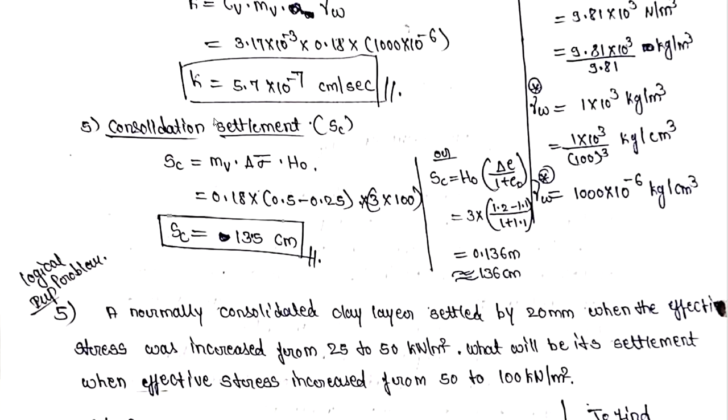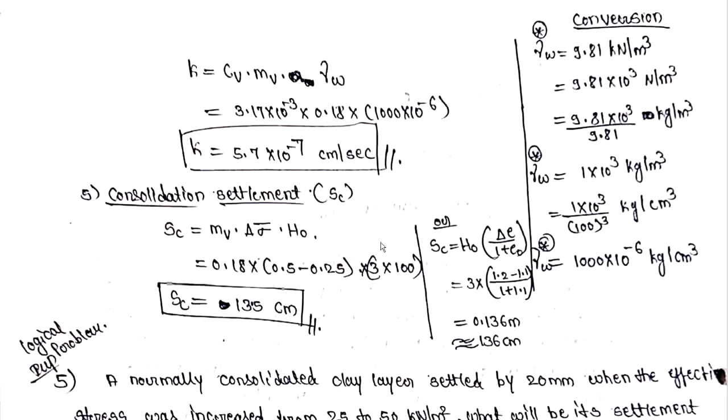Next thing which we have to find out is consolidation settlement. So how can I find out consolidation settlement? SC is equal to mv into delta sigma dash into H naught. So this formula I can use to easily find the consolidation settlement. H they have given in meters, so I have converted it to centimeters.